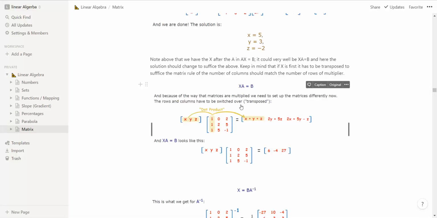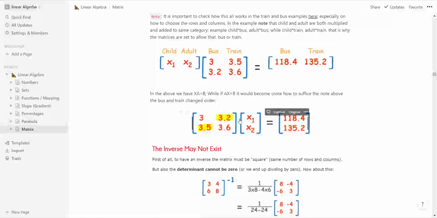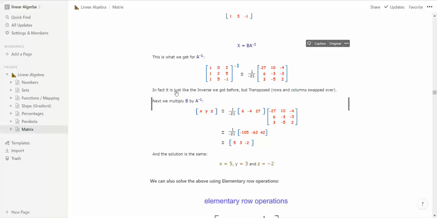Now this is not a solid rule because here we actually have two columns, two rows. So for a 2 by 2 it really doesn't matter.